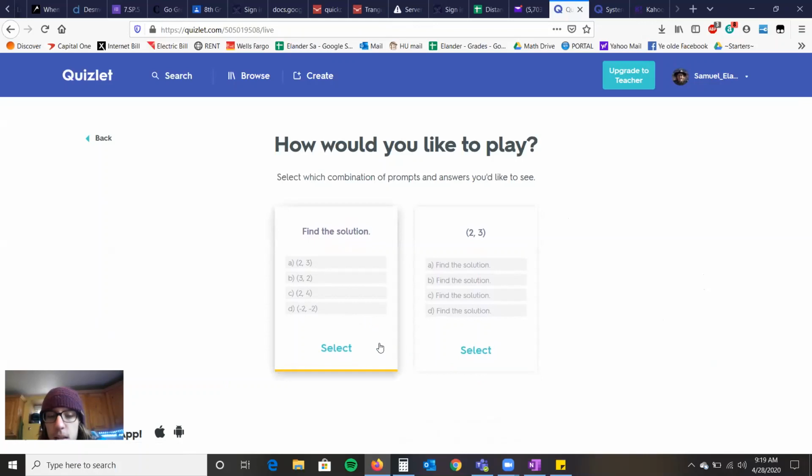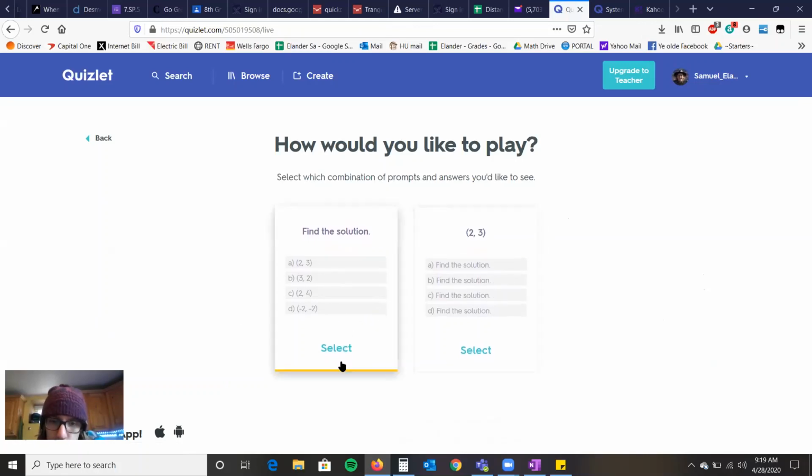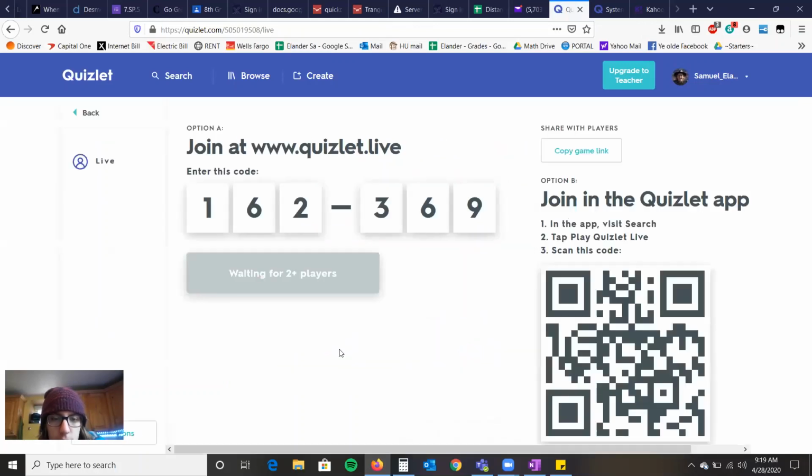Ideally, teams would be the best case scenario, but for what we have here, we're going to do it as individuals. Okay, so head over to Quizlet.live, and you can go ahead and use this code here. And we're going to get joined in.